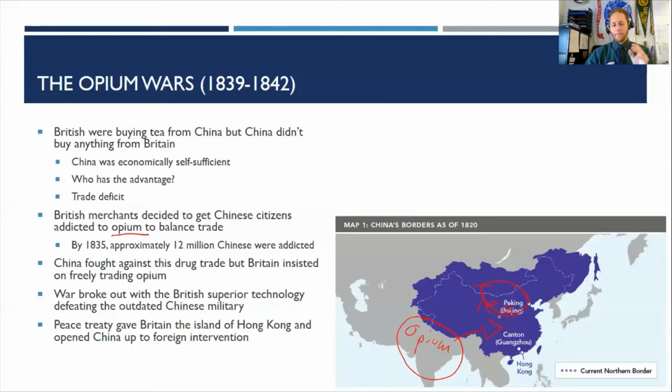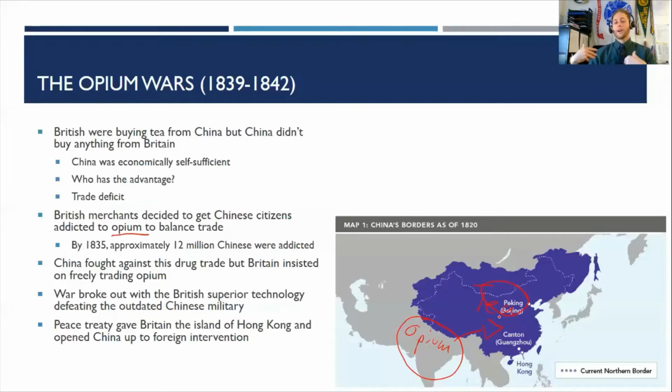This war is fought mostly on the water, where the technologically advanced steamships of the British Navy, with some ironclads, are going to be superior to the Chinese warships that were still wood and made from sail and didn't really have the firepower of the British ships.